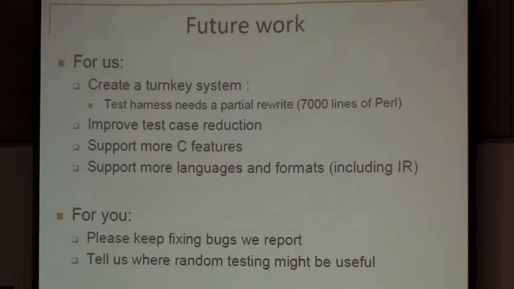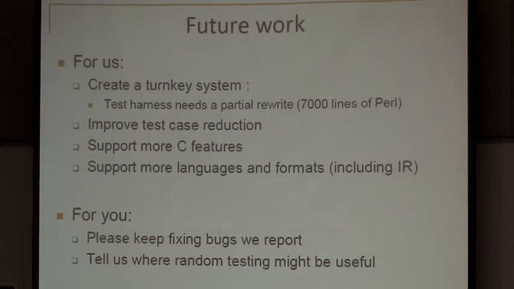We also need to improve our test case reduction. Right now, the random generator will generate a lot of redundant code before it generates the real code that will break the compiler. So we need some automatic reduction to get rid of those redundancies before we report the bugs. Right now, we can reduce up to 90% of the redundancy, but there's still much room to improve.